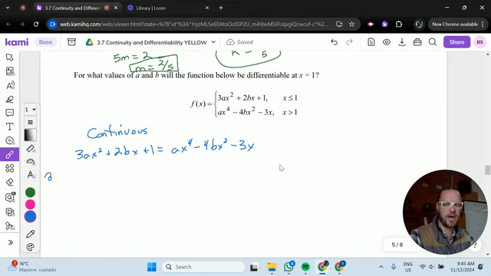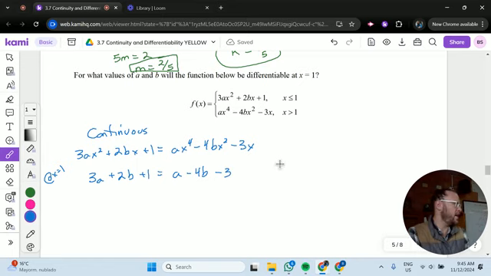But that's not really what I want. I want to do it when x equals 1, right? So then I'll plug in 1, which really just means all the x's go away. So it's just going to be 3a plus 2b plus 1 equals a minus 4b minus 3. Because all the x's are 1, and if we multiply by 1, nothing changed.